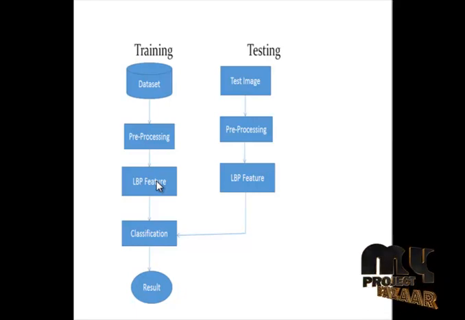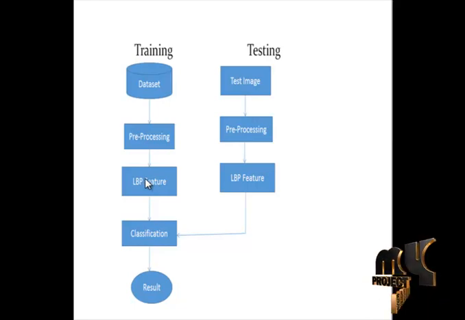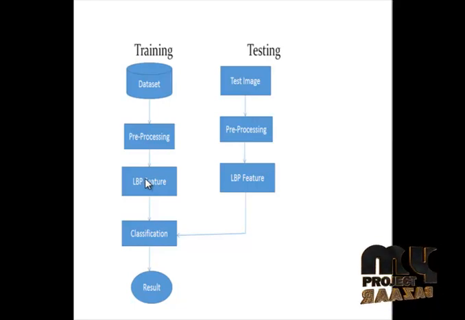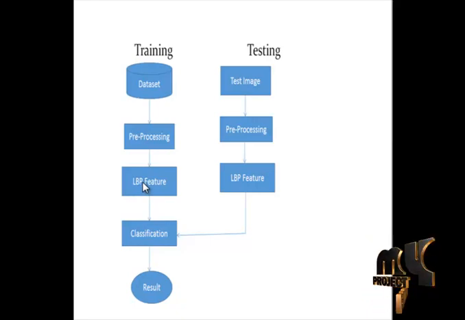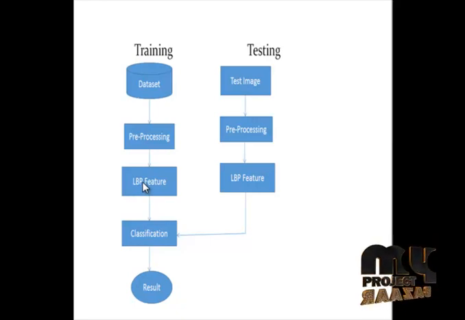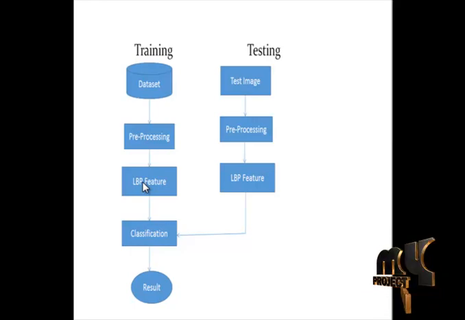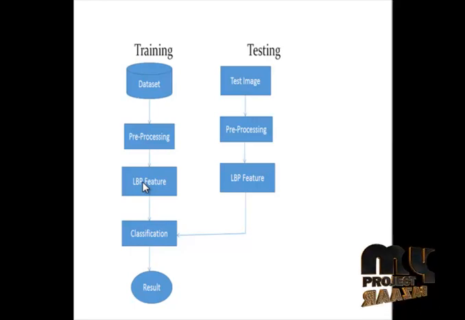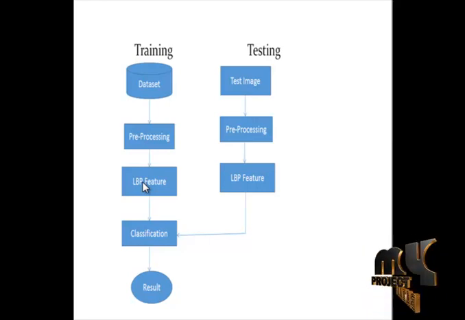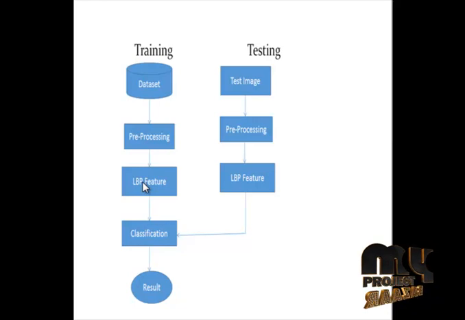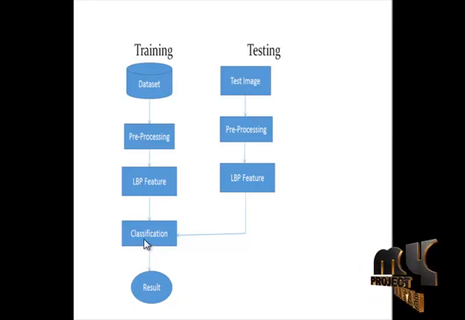To simplify the function and ignore the scaling of gray level, we use only the sign of each element instead of exact values. So after extracting the LBP feature, it will go to the classification.